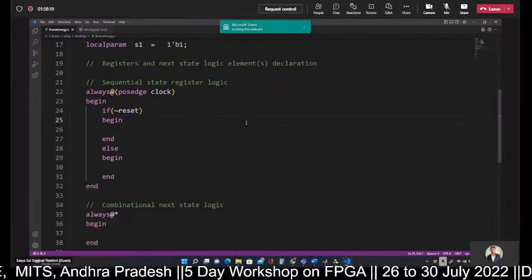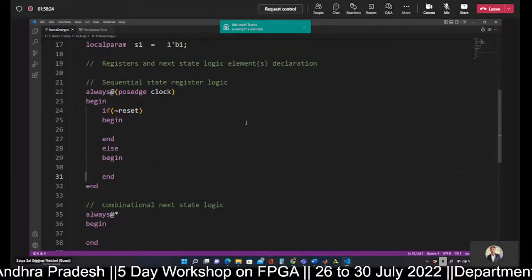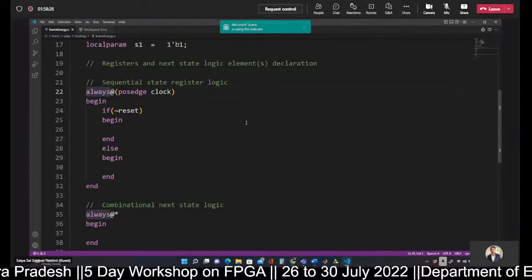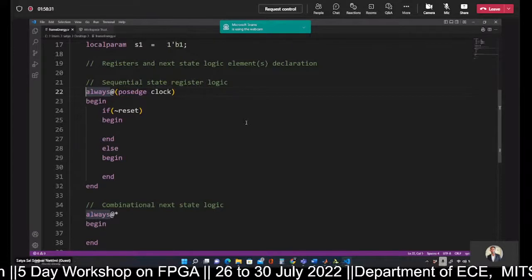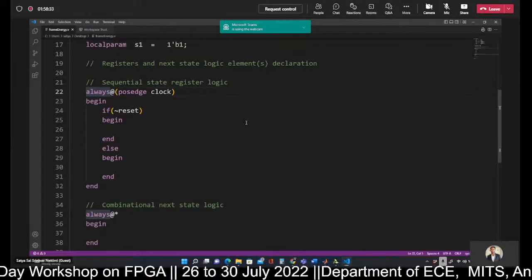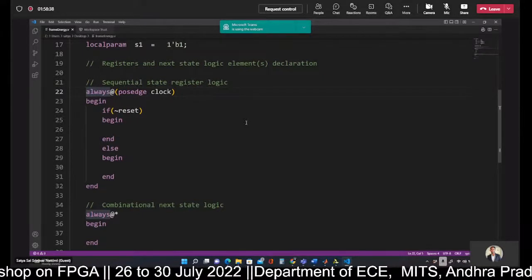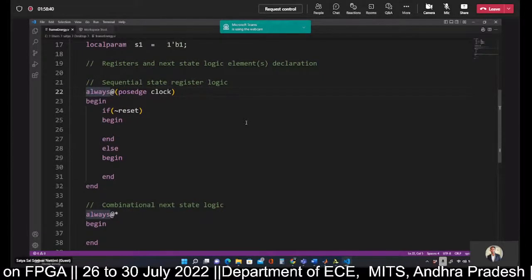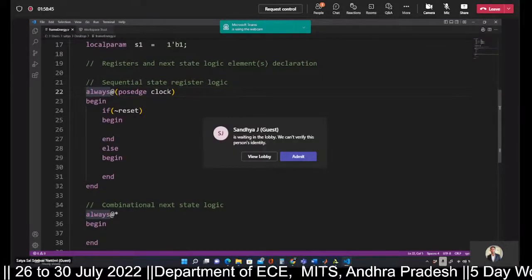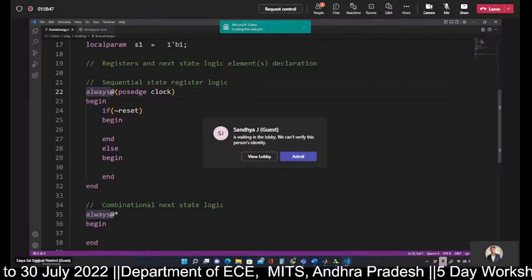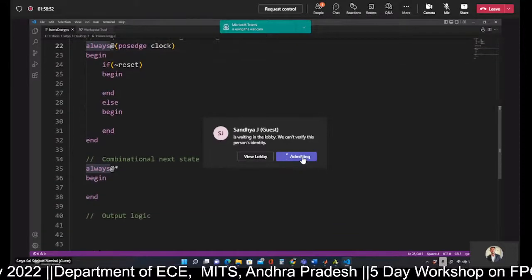Because yesterday I told you, whenever you are doing block design, it is always preferable to use active low reset. Because whenever you are using a clocking wizard IP core, the locked output of the clocking wizard IP core can be directly used as a reset signal. So in order to make use of that, I just made it active low. Or else if you want, you can make it active high also. That is not a problem. So up till here, it is okay.